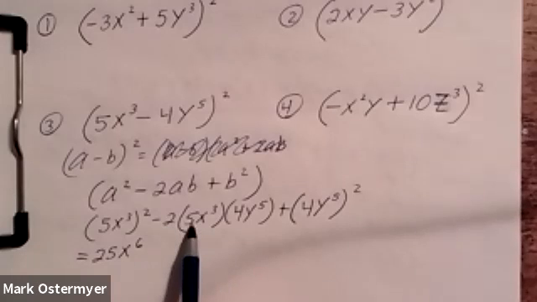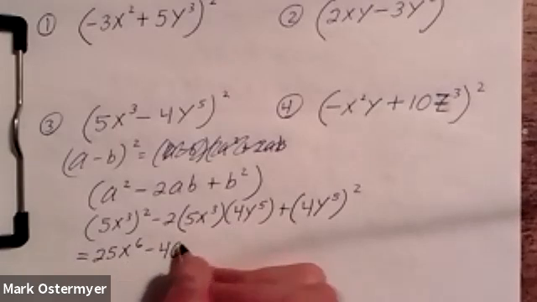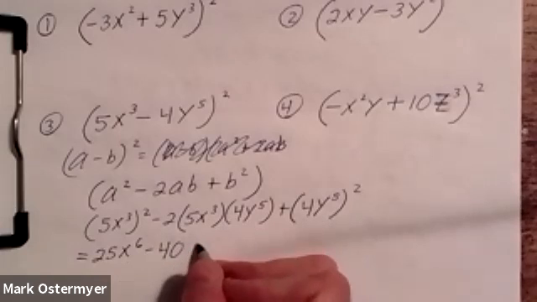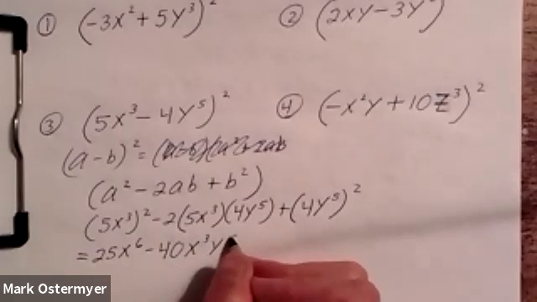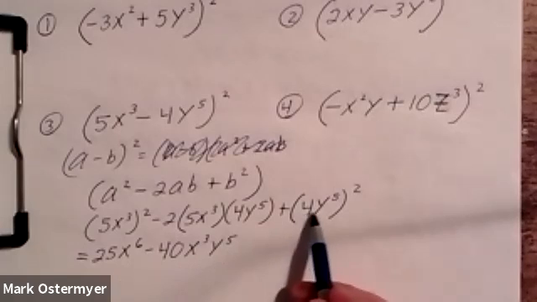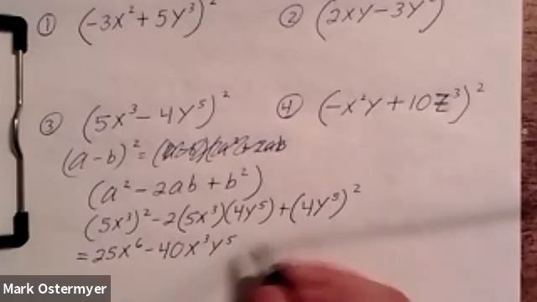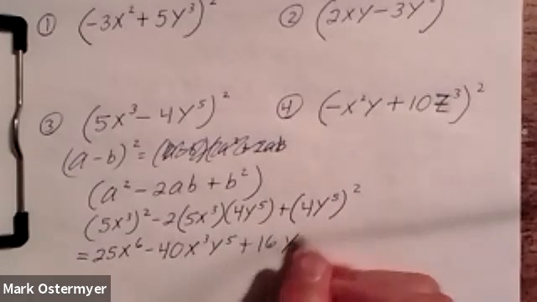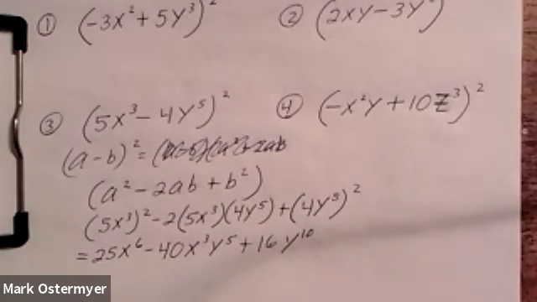Negative 2 times 5 is negative 10. Negative 10 times 4 is minus 40x cubed y to the fifth. And this is going to be 16y to the 10th. That's how that would work out there.